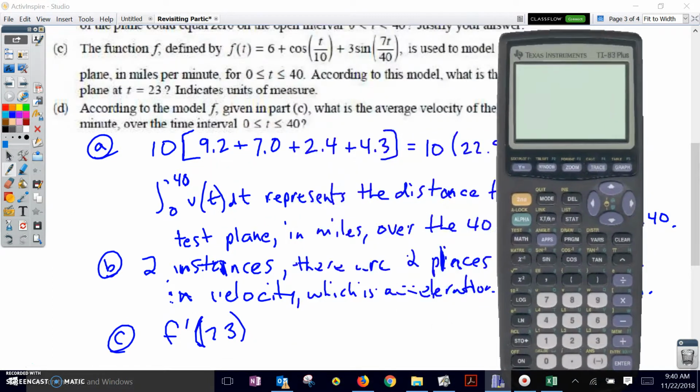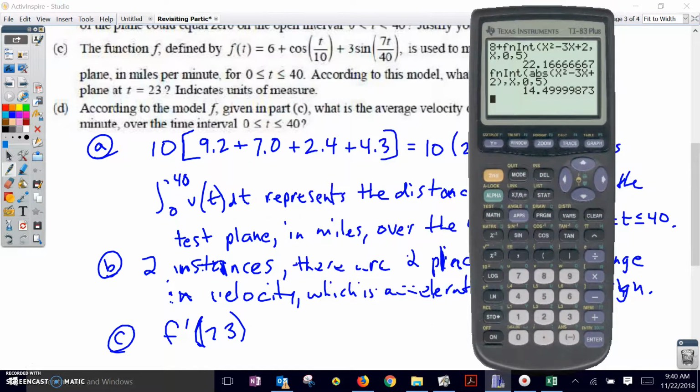And since this is a calculator section, I'm just going to go ahead and use the numerical derivative of 6 plus cosine of t over 10 plus 3 sine of 7t over 40 at x and at 23.